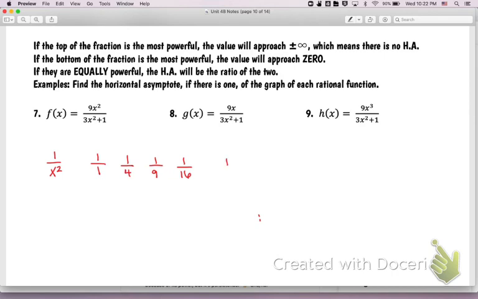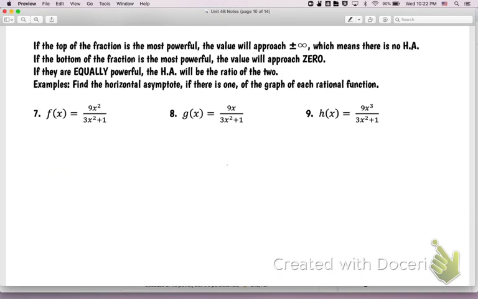So we eventually get out to like 1 over 10 squared, 1 over 100 squared. That's 1 over 10,000. These numbers are getting very, very teeny tiny. So if the bottom of your fraction is bigger, it's going to drag the value towards 0.